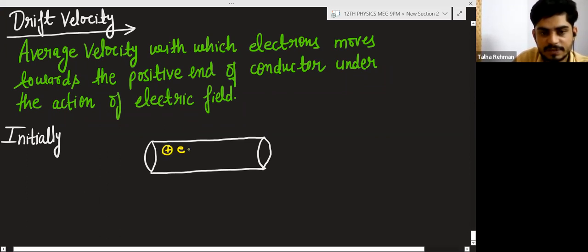I am representing ions with a positive charge like this: electron, positive charge ion, then electron, then positive charge ion, electron, like this.